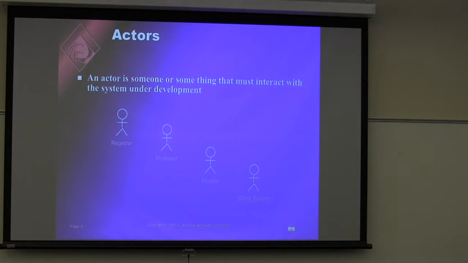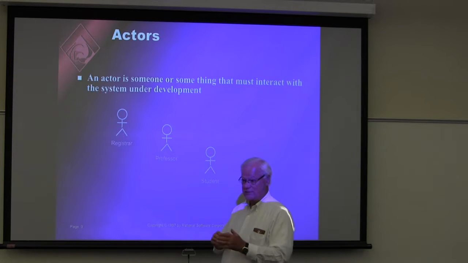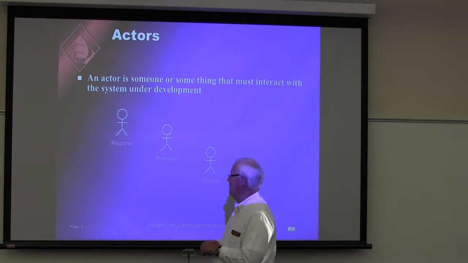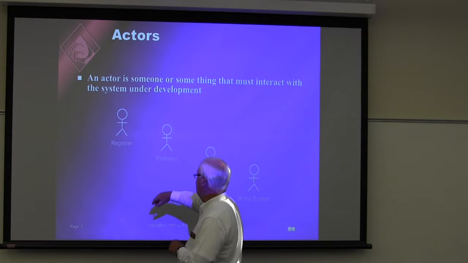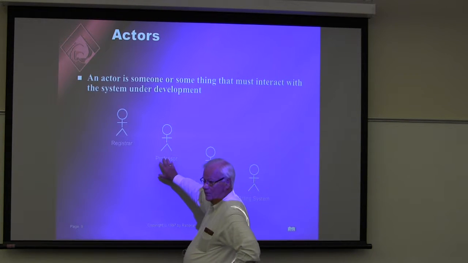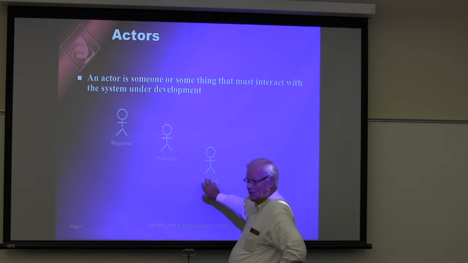So, we've got actors. Here's what actors are. They're the people. Or they could actually be other processes. Okay, but in this case, they're going to be people. We've got the registrar, who maintains the system. We've got the professor, who pulls the roster. We've got the student, who inputs his requirements for classes he wants to take. And when they're all put together, he's got his schedule.